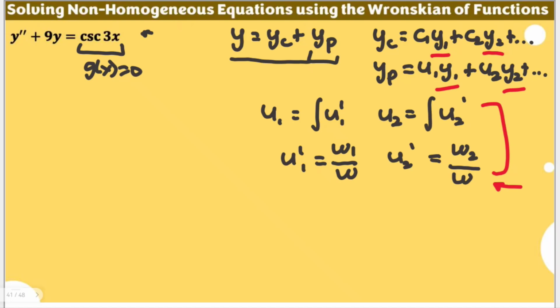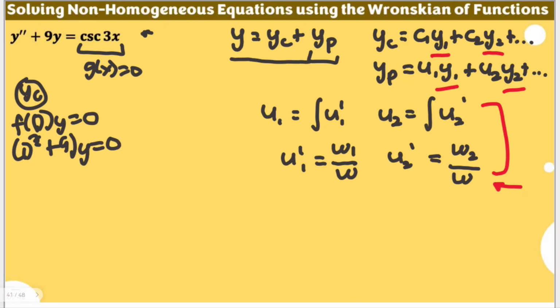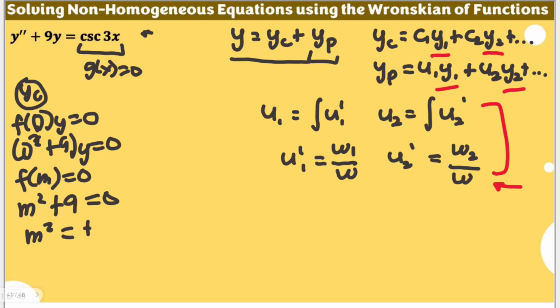So let's start with y sub c here. So for f of D y equal to 0, you will have D squared plus 9, that's D squared plus 9 times y equal to 0. So your auxiliary equation is m squared plus 9 equal to 0. Solving for the roots, m squared is equal to negative 9.